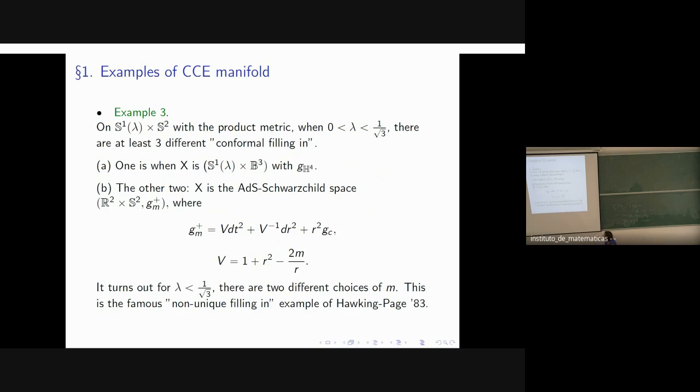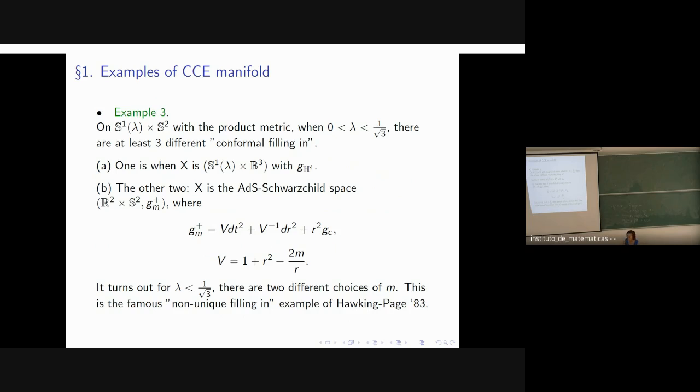So an example is the following. If the boundary is S^1_lambda, where lambda means a circle of length lambda, cross S^2 with the product metric, then for certain values of lambda, there may be 3 different types of filling in.